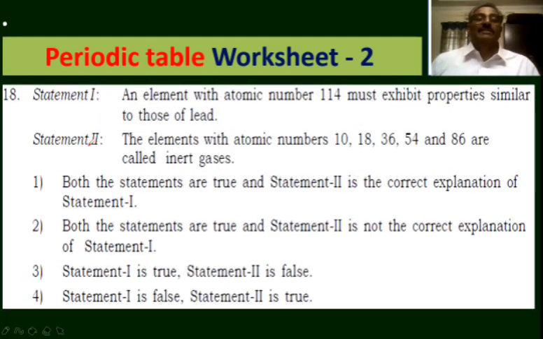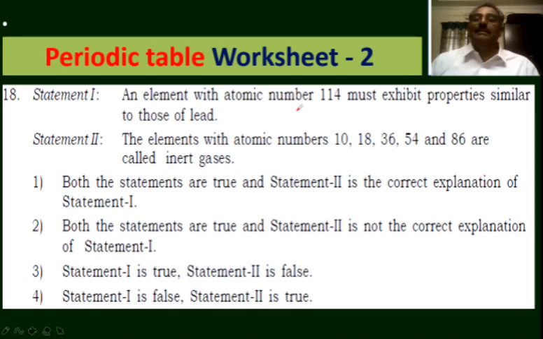The next question is also a statement type question. Statement 1 is, an element with atomic number 114 must exhibit properties similar to those of lead. 114 is the newly discovered element.